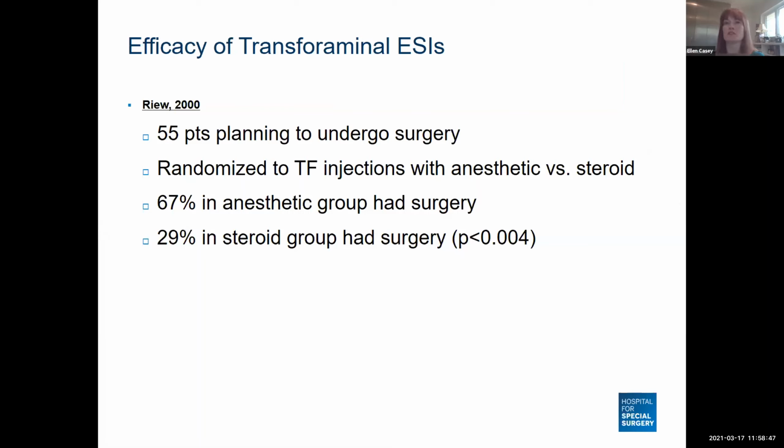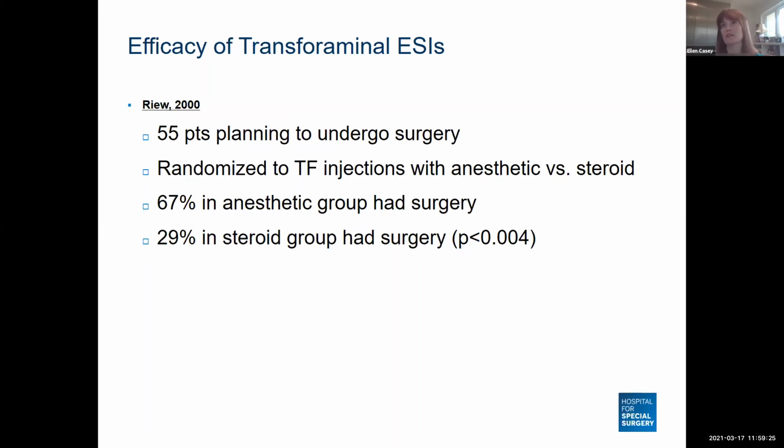There are a few studies that talk about the efficacy of transforaminal epidural steroid injections. This one is a good one to know if you're interested. Dr. Dan Rue, who was at WashU at the time, basically had 50 or so patients who were planning on having a discectomy, and they randomized them into getting a transforaminal injection with an anesthetic versus a transforaminal with a steroid. 67% of the patients in the transforaminal anesthetic group went on to have surgery, and only 29% of those who received steroid went on to have surgery, so they decided not to have it.